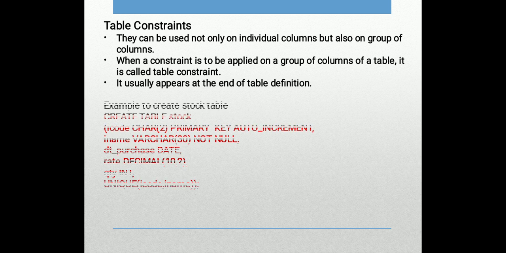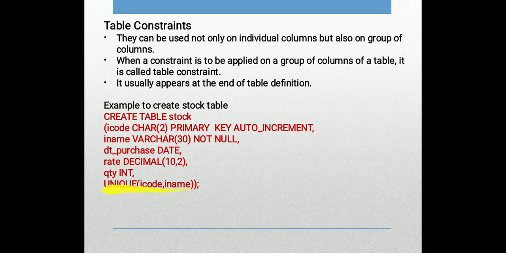For example, create table stock (icode varchar(20) primary key auto_increment, iname varchar(30) not null, dtpurchase date, rate decimal(10,2), qty int, unique(icode, iname)). Here we use the table constraint unique(icode, iname). Icode and iname must be a unique combination for the entire table.